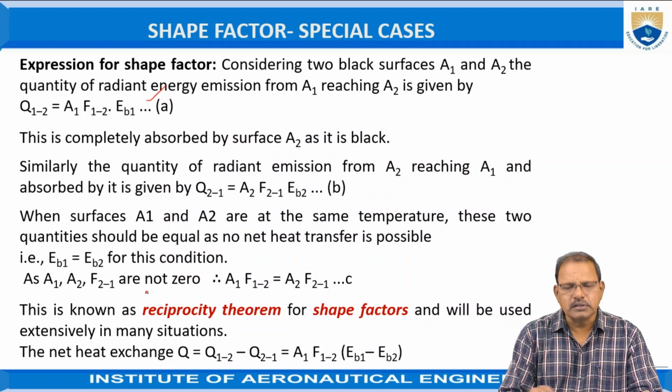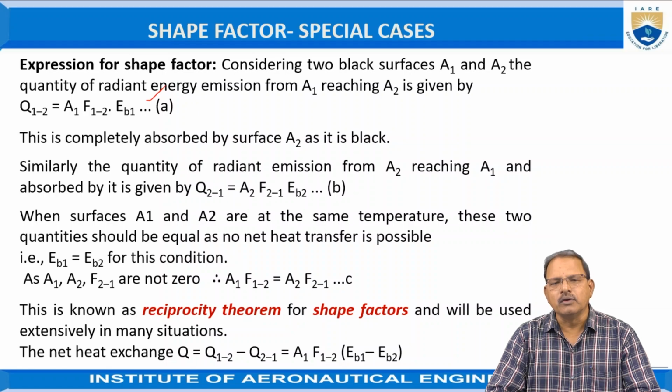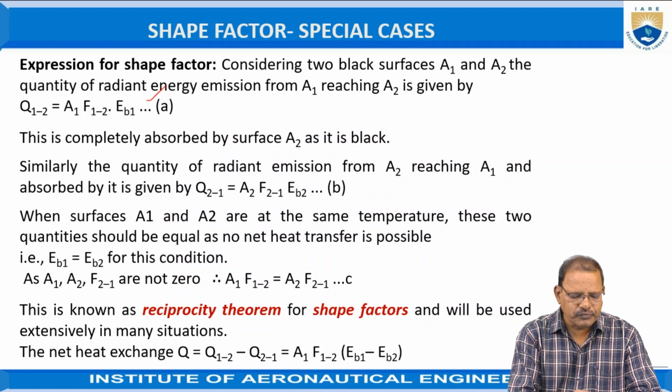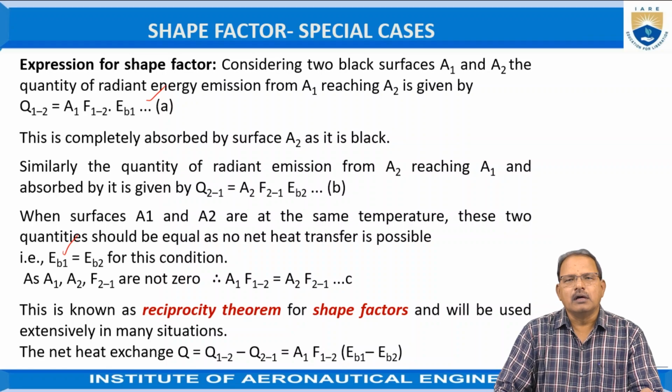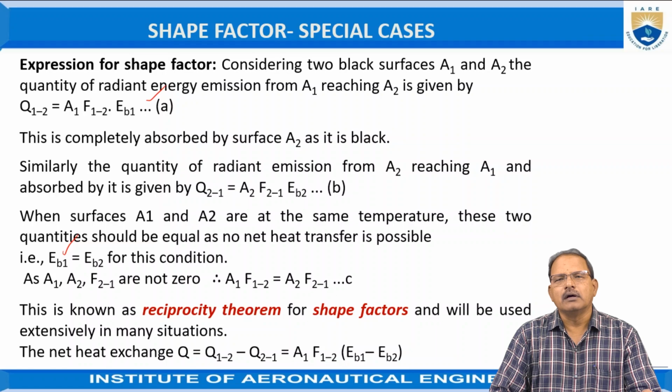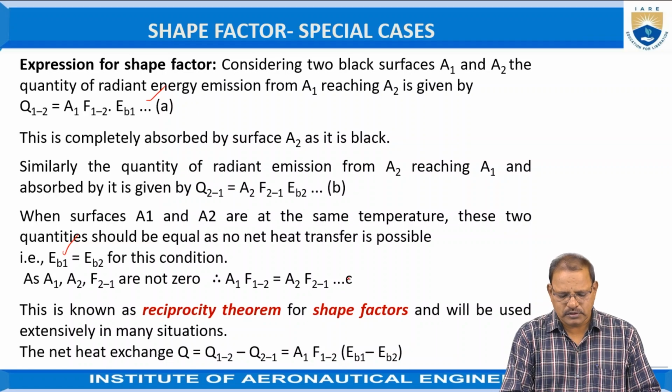Hence, from these relations, the amount of heat energy emitted per unit area by the two bodies at the same temperature is equal, represented as EB1 is equal to EB2. As A1, A2 and F21 are not equal to 0, hence A1 F12 is equal to A2 F21.